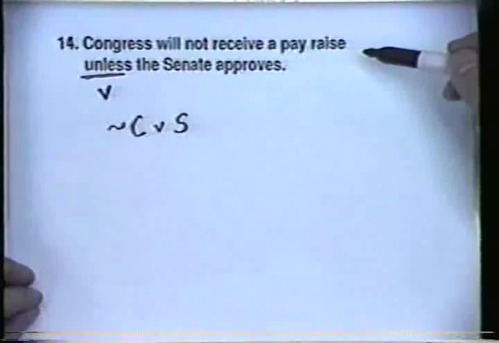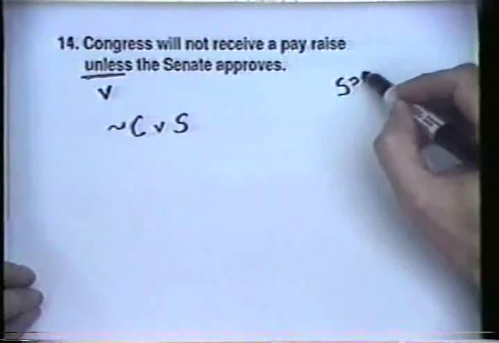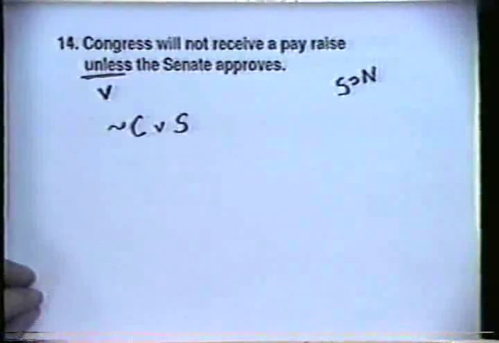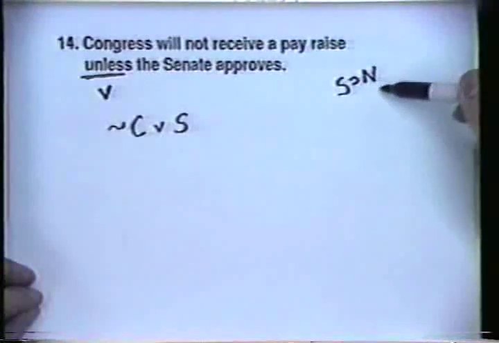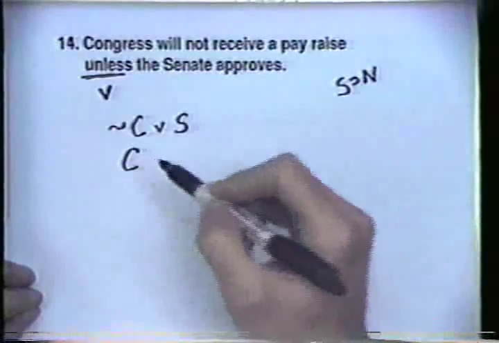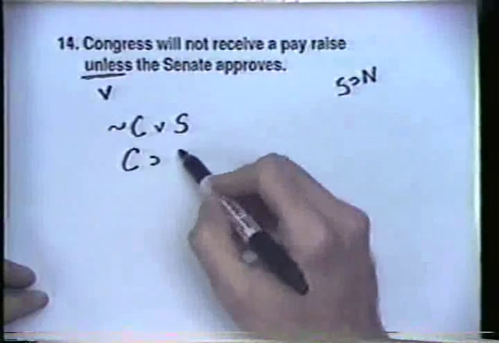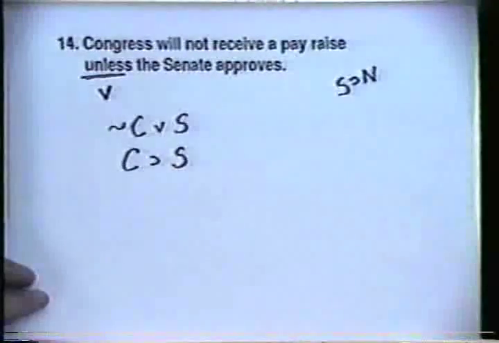And if you remember our little rule of thumb about the word son, looks a lot like S hooks N, recall? So we want the necessary condition, the thing that we're saying is necessary, to occur in the consequent position of a conditional sentence. That would mean that we could do this sentence by saying, if Congress receives the pay raise, then the Senate has approved.